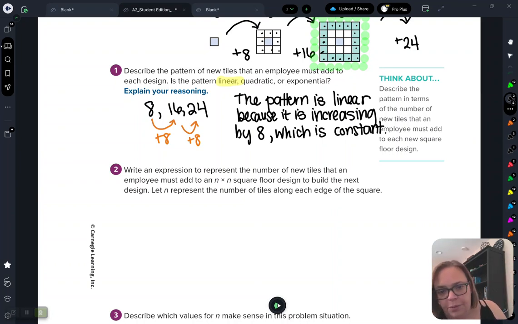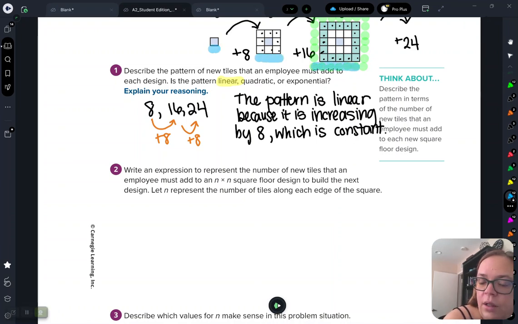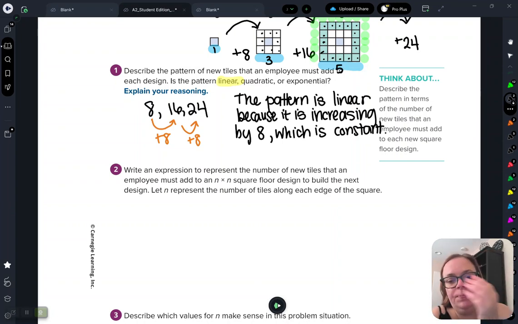This n represents the number of tiles along each edge. So let's make sure we understand that difference. So n would be the number of tiles along each edge. Okay. Just 1 here, 3 here, 5 here.